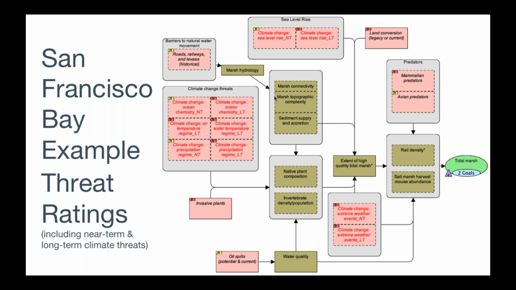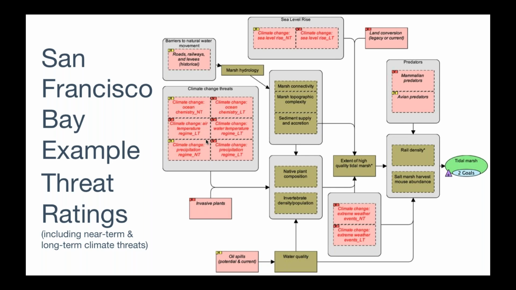And you can see that for each one of the direct threats, they rated the direct threat in the near term as well as in the long term, and not surprisingly got higher ratings over the longer term than the near term. But the whole idea here is to show how the climate threats are interacting with conventional threats, and to have those threat ratings on there.